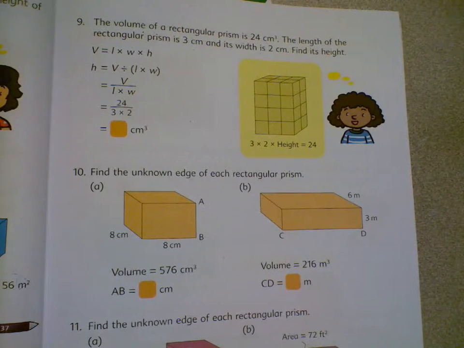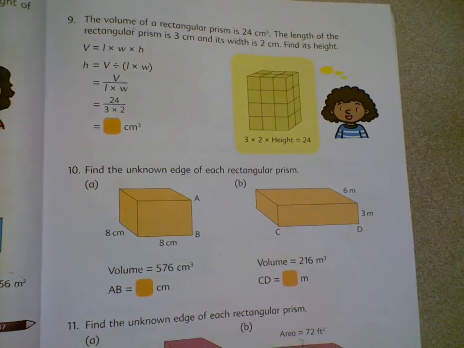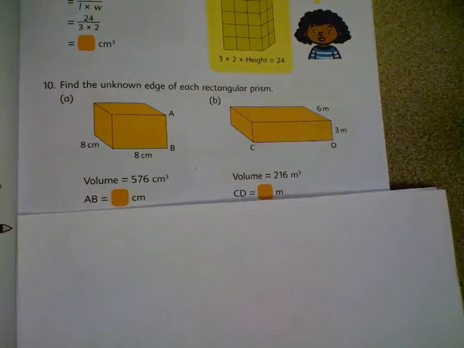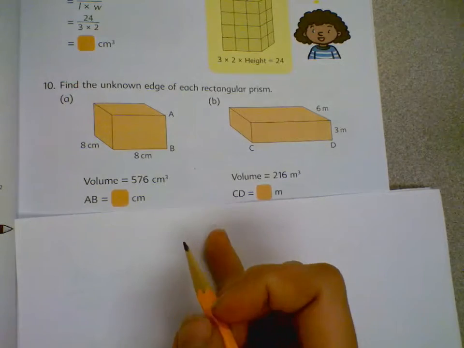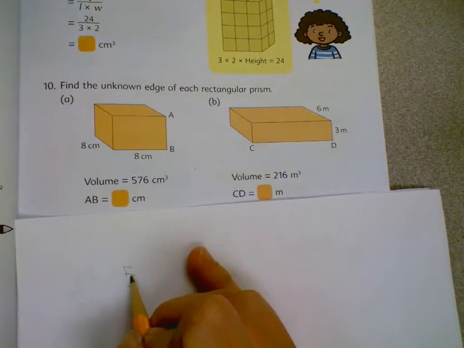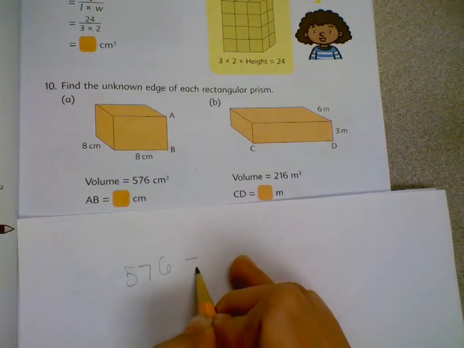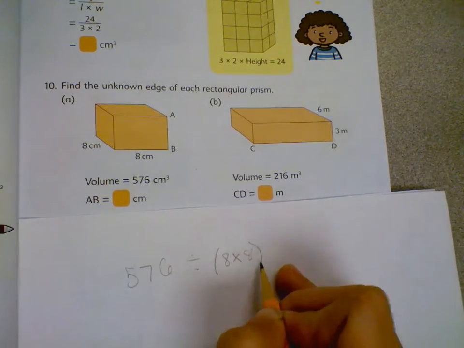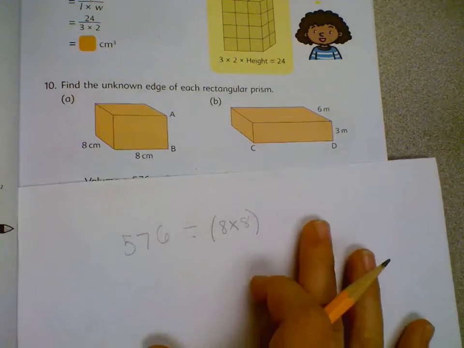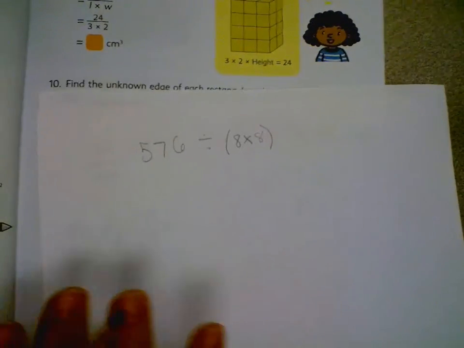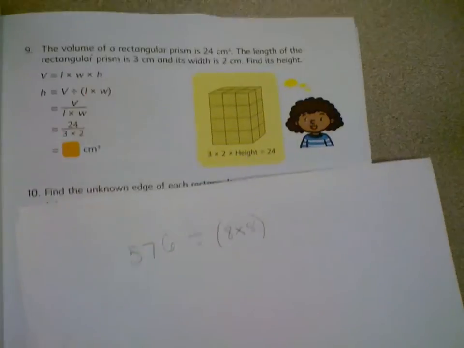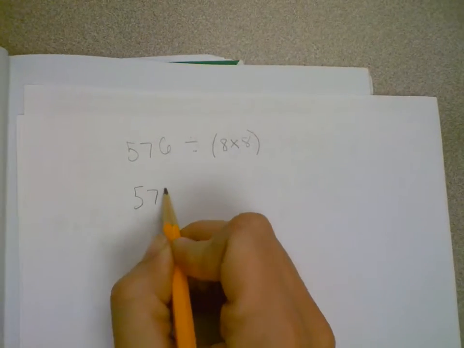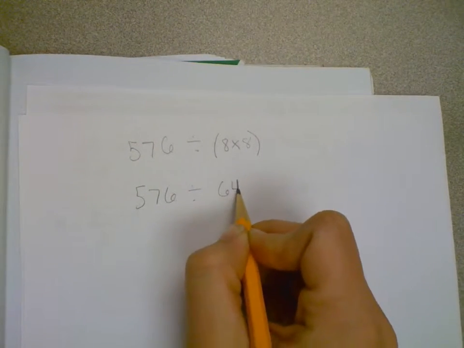All right, let's try another one. Let's try this rectangular prism, number 10A. They give us the volume, they give us length and width, and we're looking for height. So volume divided by length times width. I'm just going to scroll this up a little bit so we can do the math. I know 8 times 8 is 64.